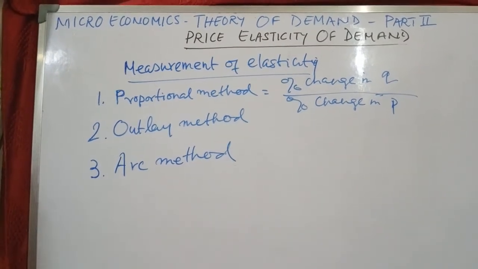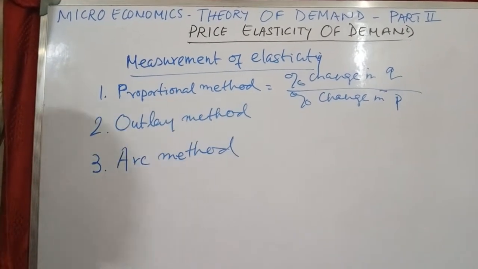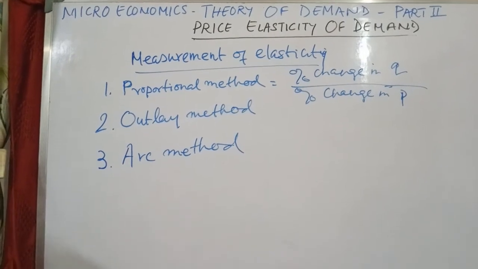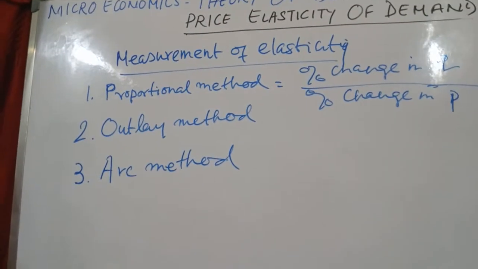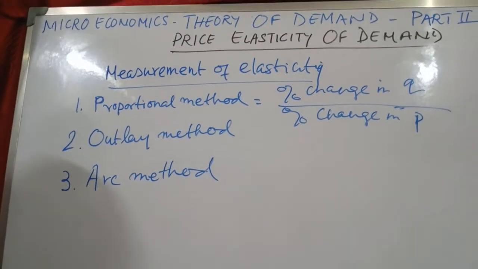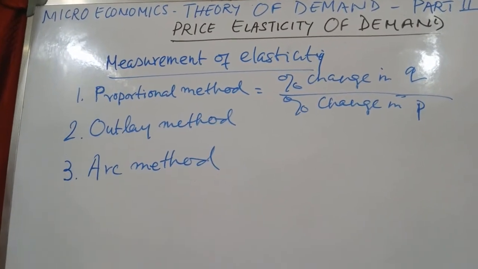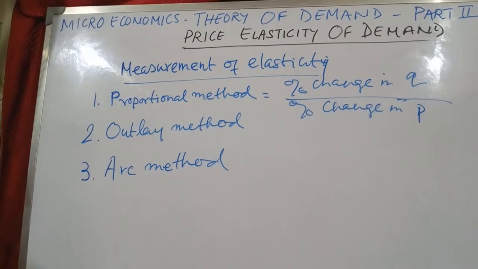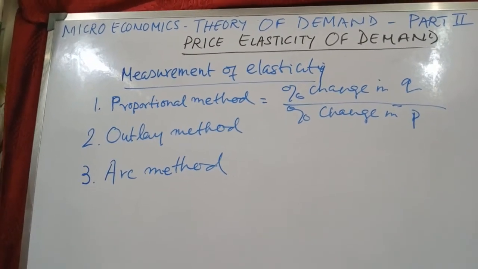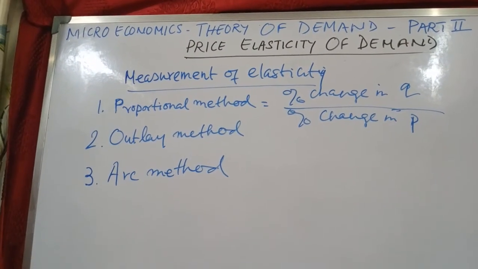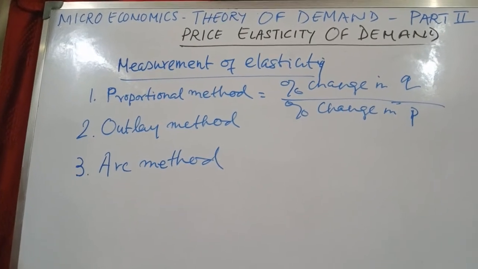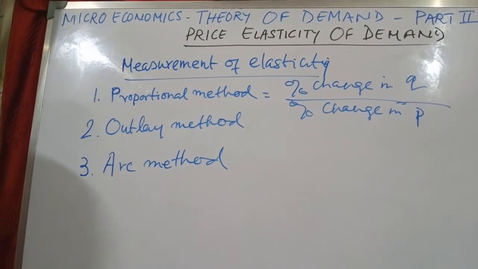Now what is the outlay method? The outlay method states that when the price of a commodity changes, how the expenditure changes. That is, the elasticity is measured according to the change in expenditure.